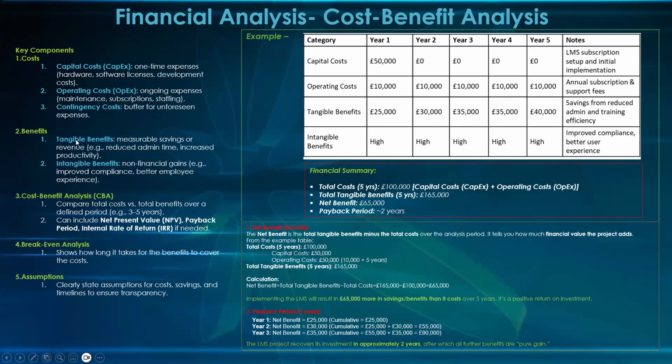In terms of the benefits, we have two types of benefit, the tangible benefit and the intangible benefits. The tangible benefits are those benefits that you can measure. The intangible benefits cannot be measured. They can be measured, but not the same way you measure the tangible benefits because they do not have figures.